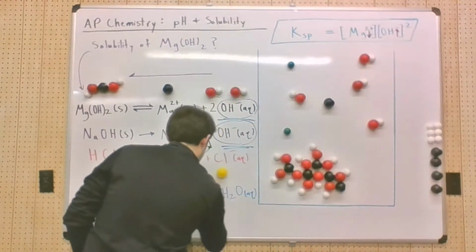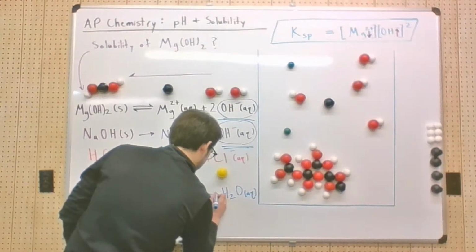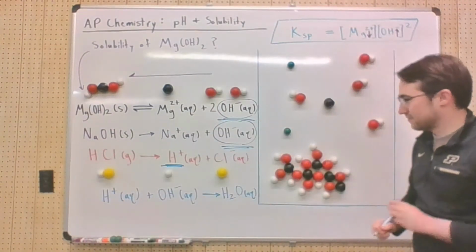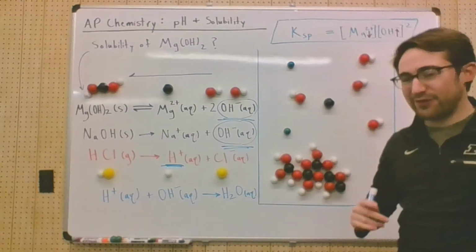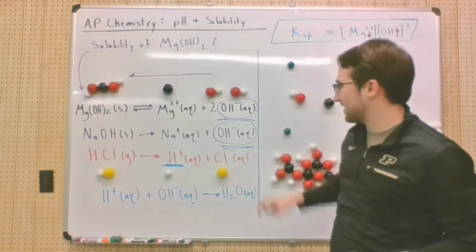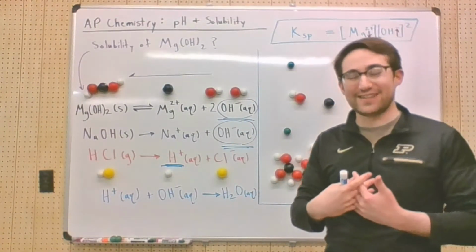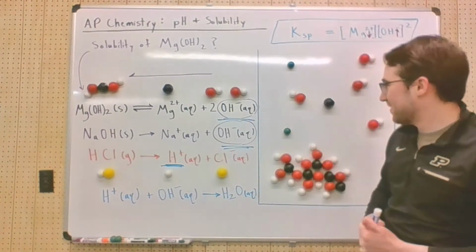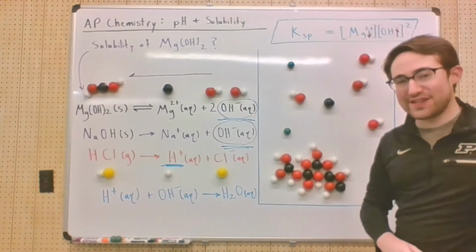And we're going to keep this simple. Okay, so to keep this simple, we've got H+ ions and OH- ions that are going to combine and neutralize into water. Okay, so let's say I go and add this stuff in.